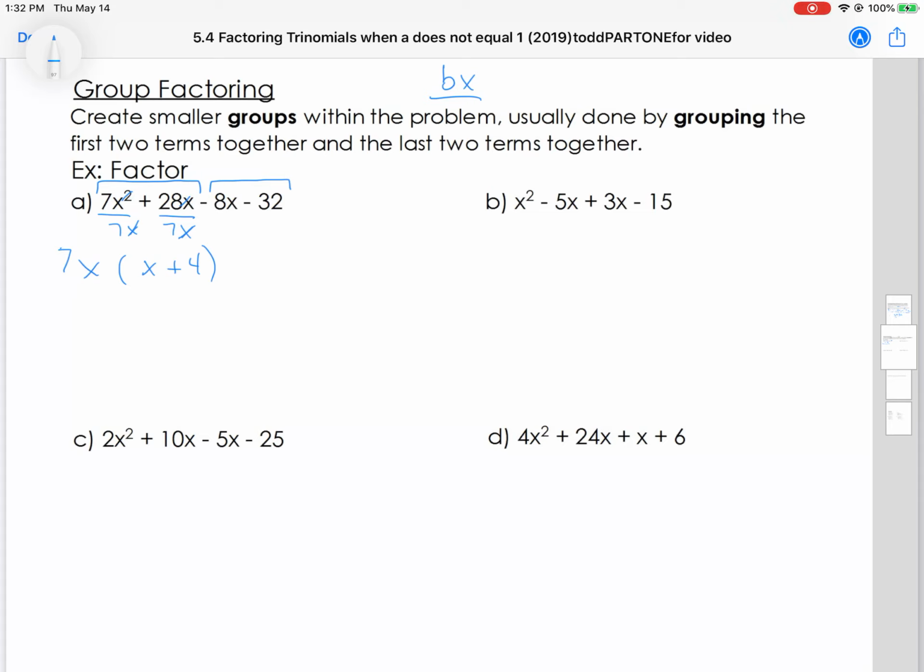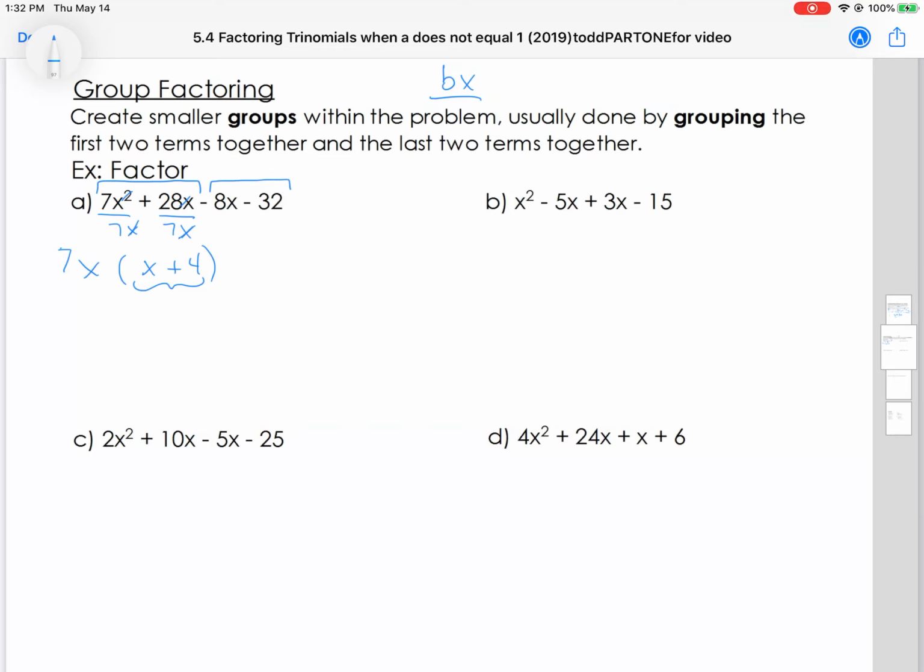So again, the good thing about this is, once you've decided what goes inside here, like this x plus 4, that means that we need our second group to also make x plus 4. So if it doesn't, then you know that you've screwed up, okay? And you can go back and fix it.